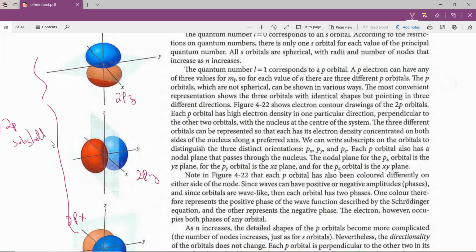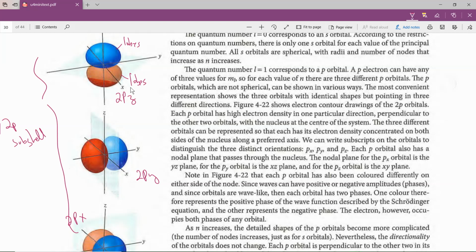The 2p subshell is made up of a 2pz, 2py, and 2px orbital. These out of phase little blobs of electron density are called lobes. So there's two lobes in each orbital, three orbitals in total, a total of 2 electrons per orbital maximum.